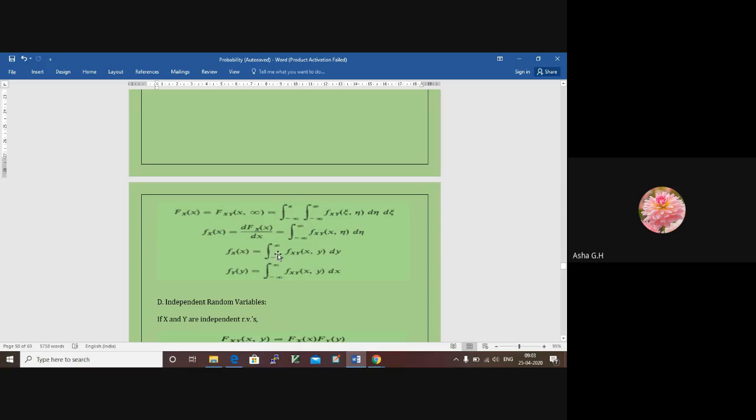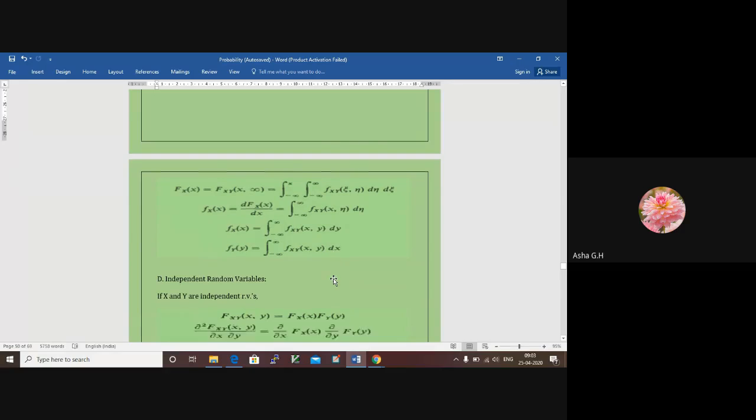We are keeping x constant, taking the range of y and integrating with respect to y. When we want to find the marginal distribution for y, this is the range of x, and this is a given bivariate function, and we are integrating it with respect to x.